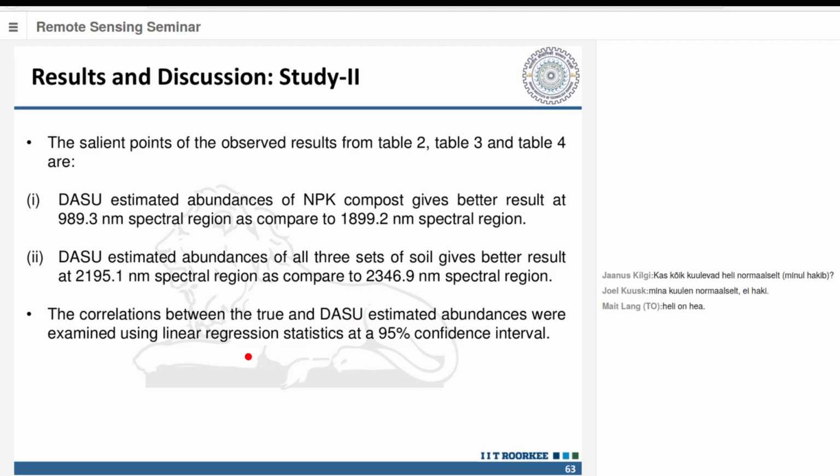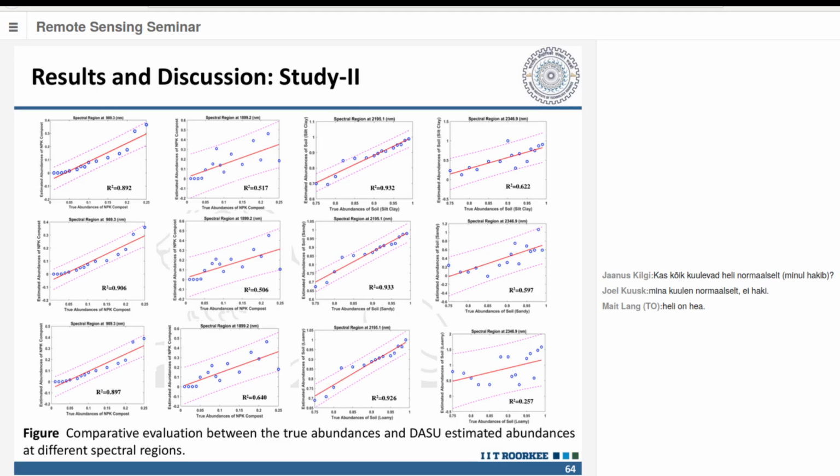The correlation between the true and DASU estimated abundances was examined using linear regression statistics at a 95% confidence interval.